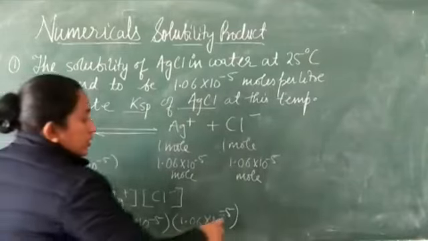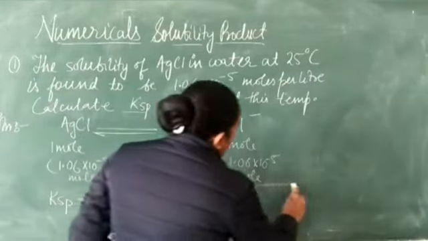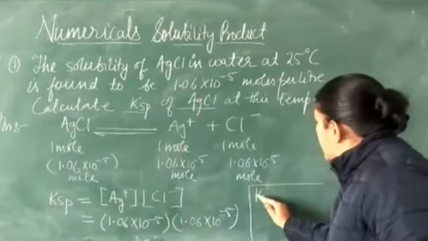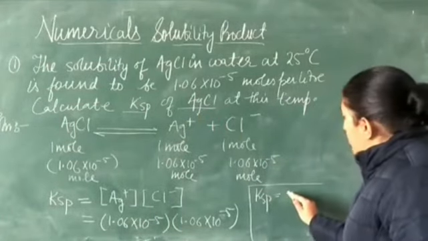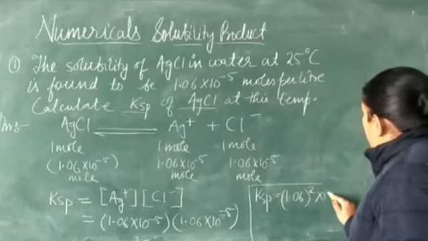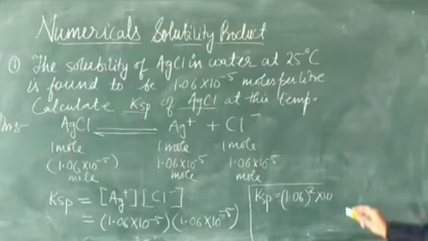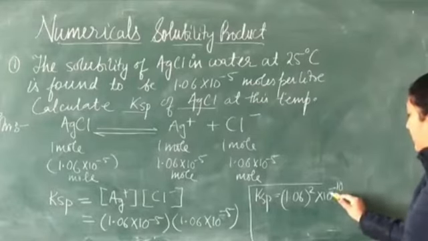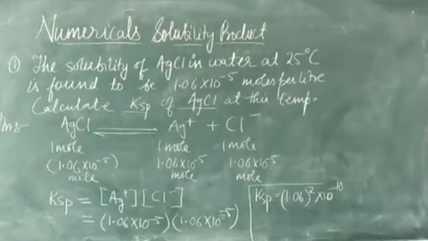Right? So here KSP will be equal to 1.06 square into 10 raised to power minus 10. You can get the square directly, or you can get it multiplied also here.